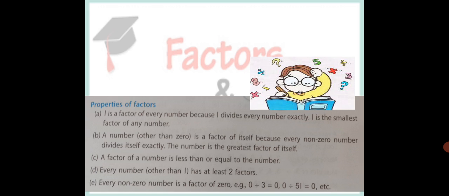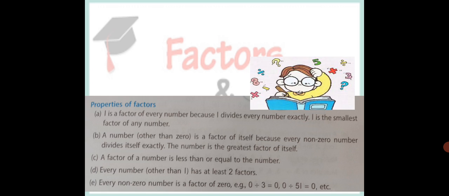A number other than 0 is a factor of itself because every non-zero number divides itself exactly. The number is the greatest factor of itself.